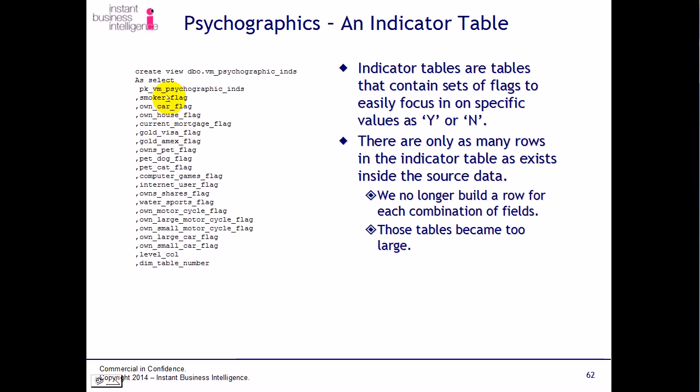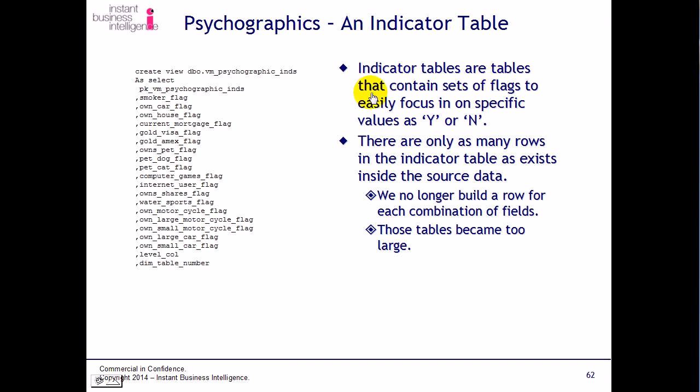And as I said, you know, smoker, owns a car, owns a house, has a mortgage, gold Visa, gold Amex, pet food, dog food, internet user. Well, that's everybody today. Computer games flag, water sports, small motorcycle, small large car, those kind of things. Anything that you can get from your profiling of customers could very well go into the psychographics table and indicator.